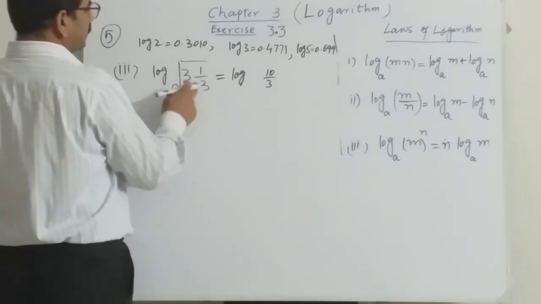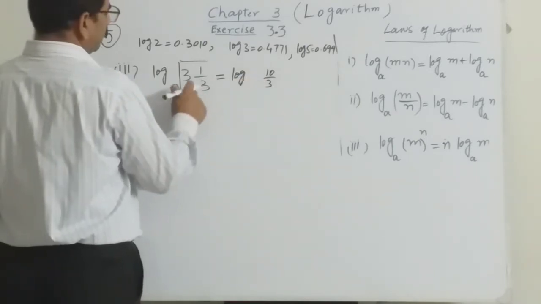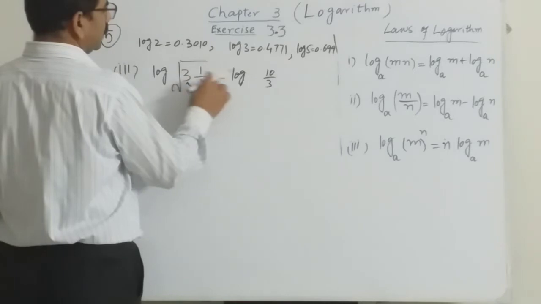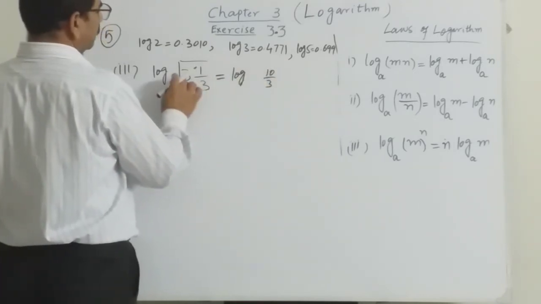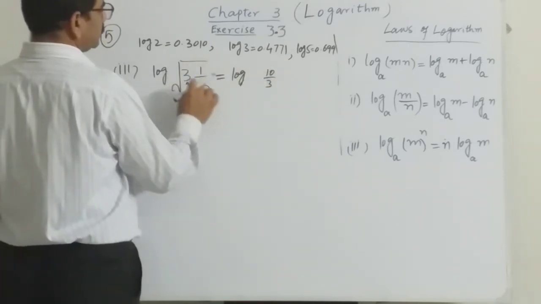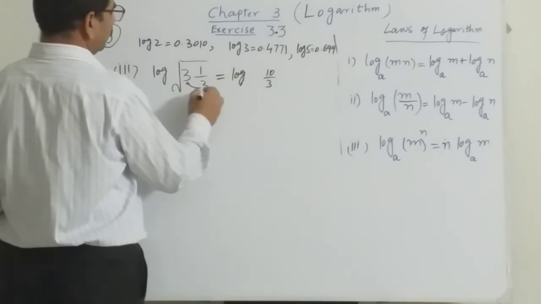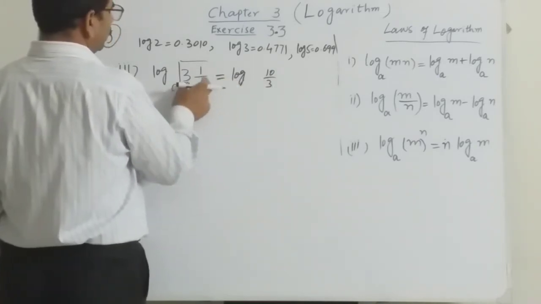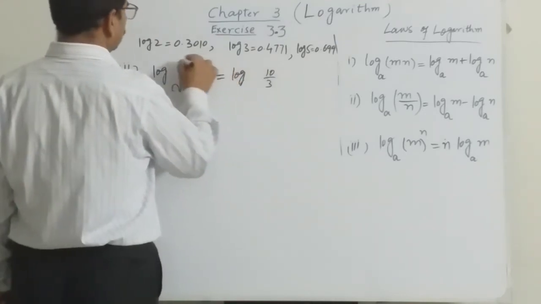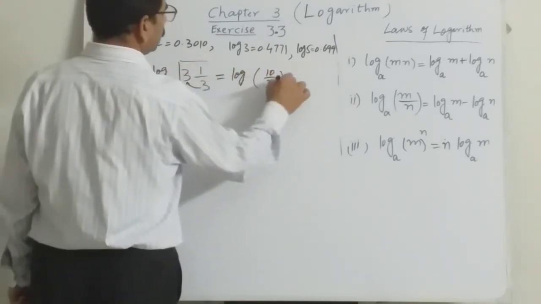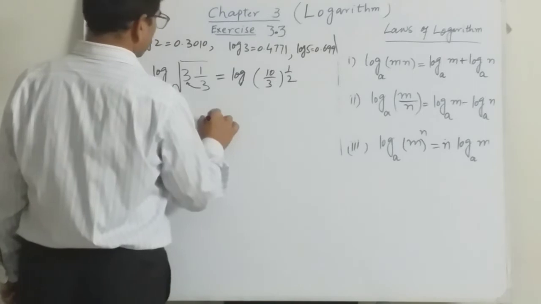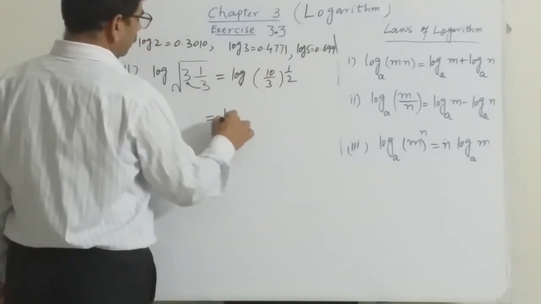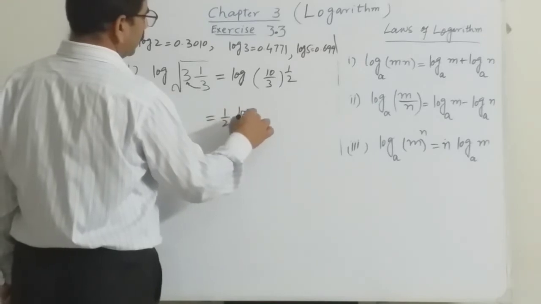To convert a mixed fraction into improper form, we multiply these two numbers and add 1 to it. That is 3 multiplied by 3 is 9, and 9 plus 1 is 10. So 10 over 3 will be the improper form of this fraction, and square root means power 1 over 2. Now according to the third law, this 1 over 2 will be multiplied with log of 10 over 3.